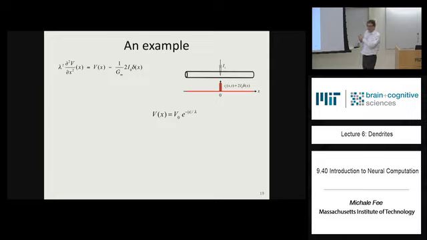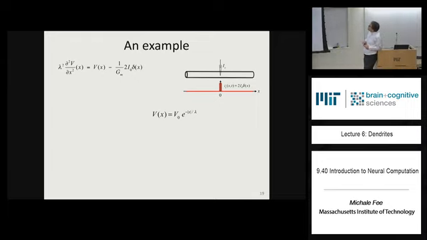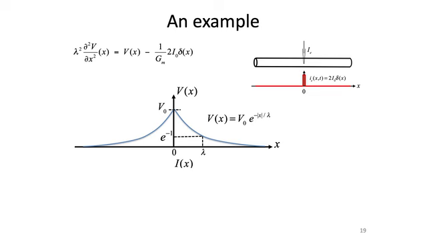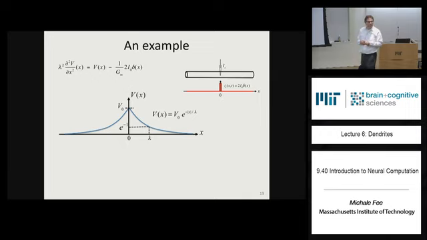No. It's going to go both ways. And the voltage is going to be high here, and it's going to fall as you go in both directions. So that's why we have an absolute value here. The voltage is going to start at some V naught that depends on how much current we're injecting, and it's going to drop exponentially on both sides.